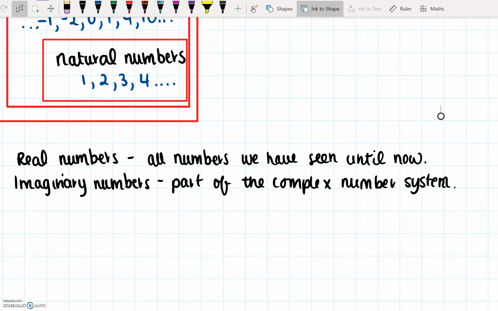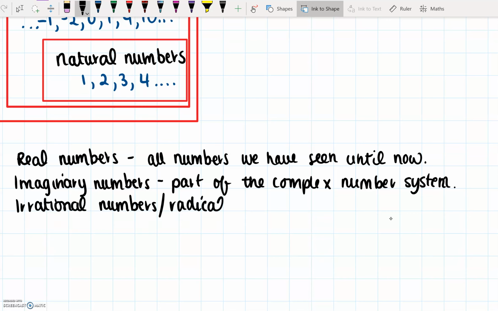We have rational numbers. Actually, let's write irrational first. You might also see this called radicals. And these are numbers that cannot be expressed as a fraction.